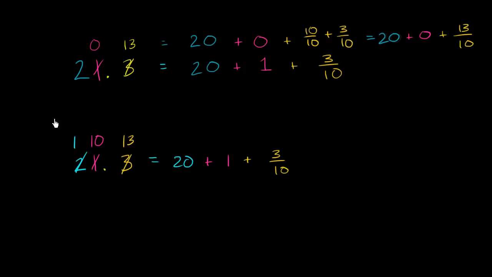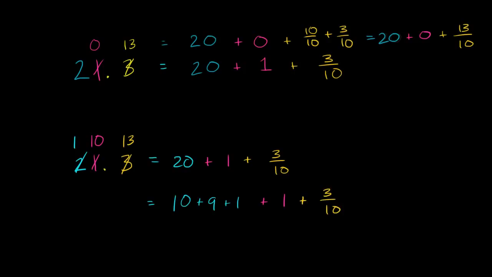Well, I could rewrite this. Let me be clear what I did. This is the same thing as 10 plus 9 plus 1, which is the same thing as 20. And of course we have what we have in our ones place, plus 1 plus 3 tenths.